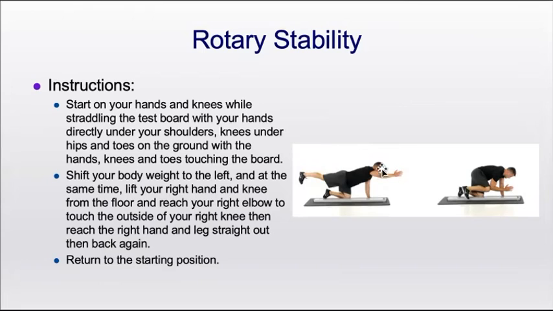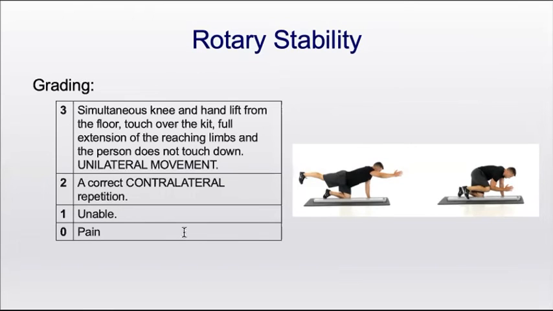And then you bring your elbow and your knee back to touch again, and that is 1 repetition. Obviously, you're going to do this on both sides. Now, this is by far the most challenging exercise. And so in order to be scored a 3, you need to be able to do this in a unilateral sense, so just on one side of the body.